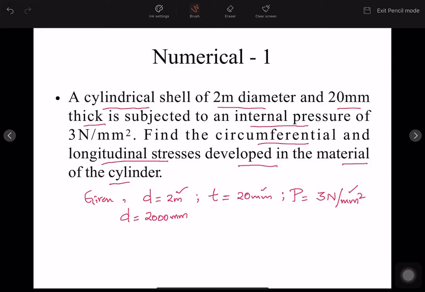So what we need to find? Sigma h or fh, we can denote as sigma h or fh. In the same way, longitudinal stress sigma l or f suffix l. These things we need to find out.